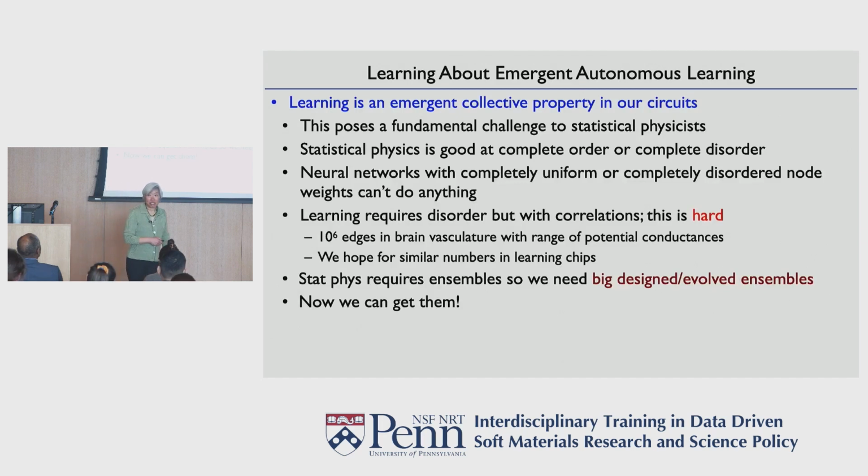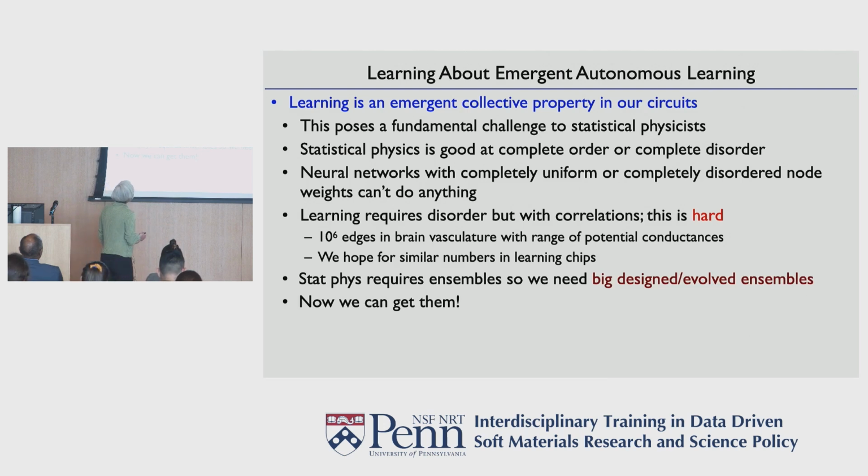It's a very fascinating problem, one that's interesting to neuroscientists as well as statistical physicists, because learning is a collective property that emerges from a bunch of identical components evolving based on local rules. Somehow they're coupled together by being at the minimum of the power dissipation to have learning emerge at the collective scale. It's a many-body phenomenon.